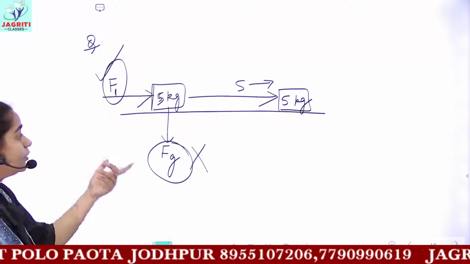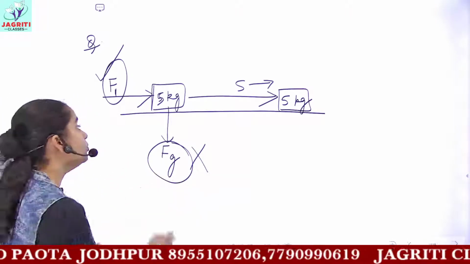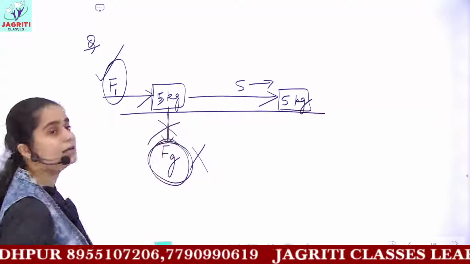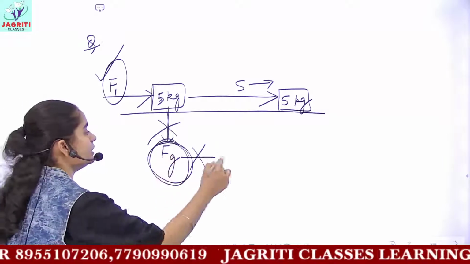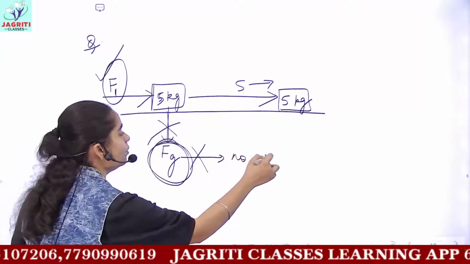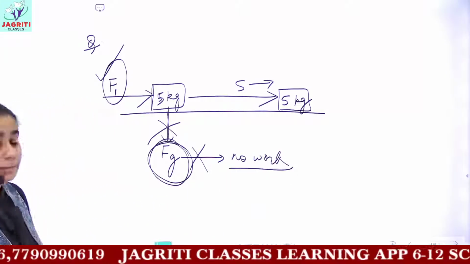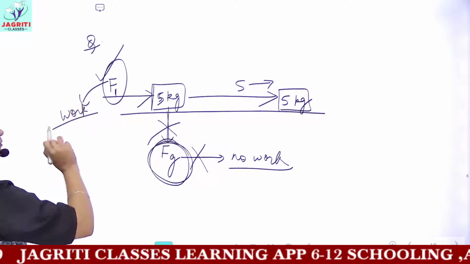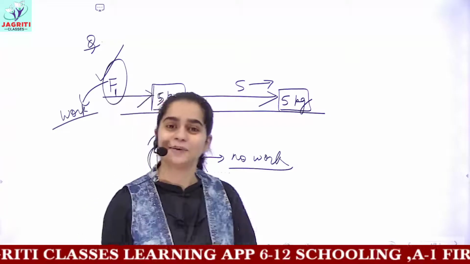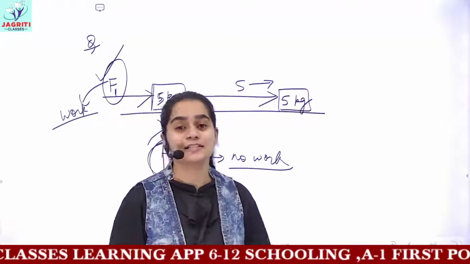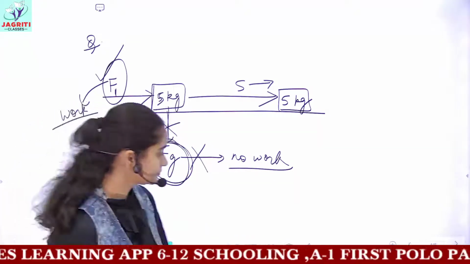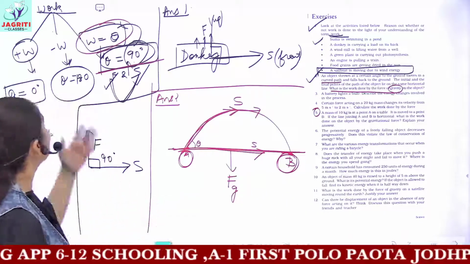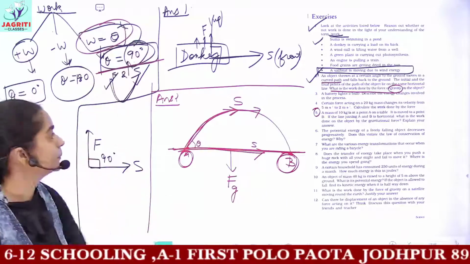So the force which is not able to move the object, the force is applied down, but the object is not moving down. So we say that gravity is performing no work in the following situation, whereas this force F1 is responsible for the work in the given example. So I hope now the concept of work is clear. And then you can simply judge by the angle the positive, negative and 0 work.